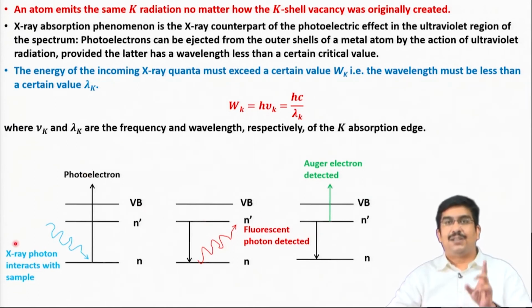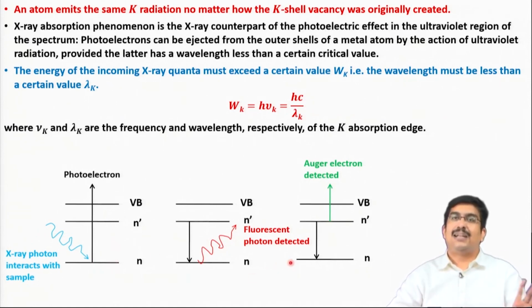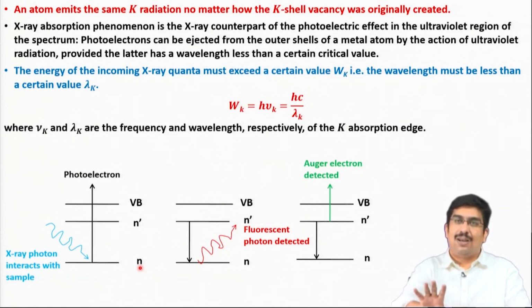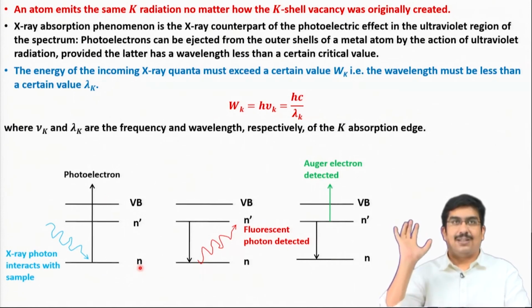Instead of that, if it is an incident electron, it will come, knock out an electron and generate a characteristic radiation. But this part is common, and the atom doesn't know whether it is hit by an electron or an X-ray. All it knows is that this much electronic transition should happen, and an electron is emitted and K characteristic emission should happen. That's it.